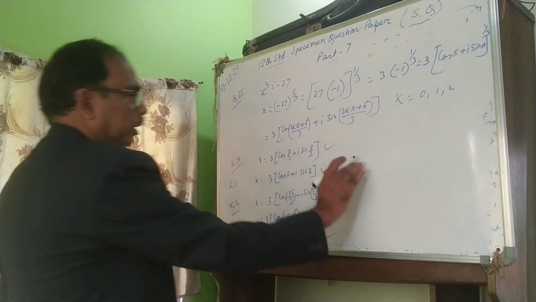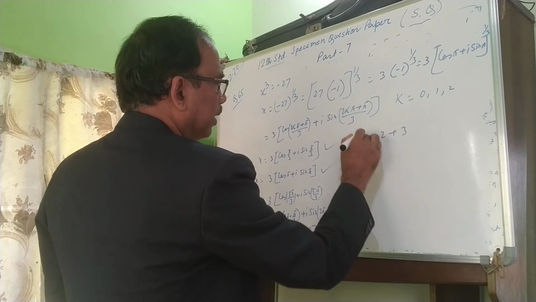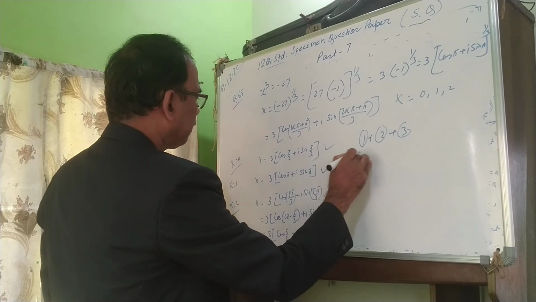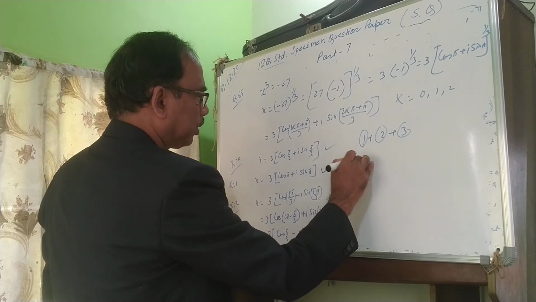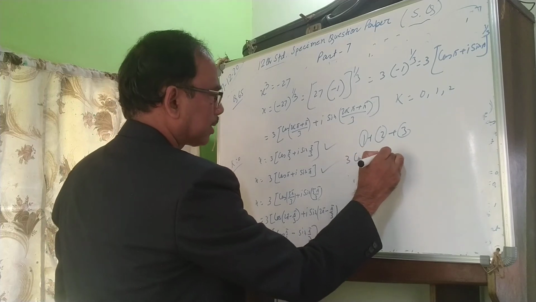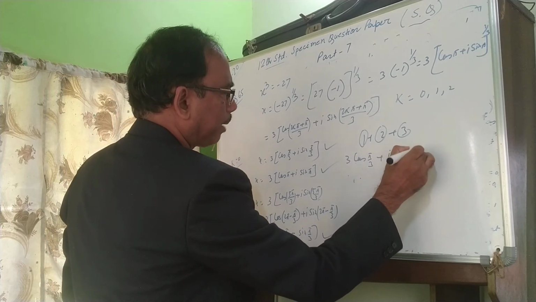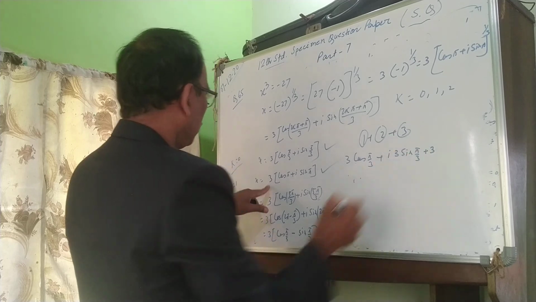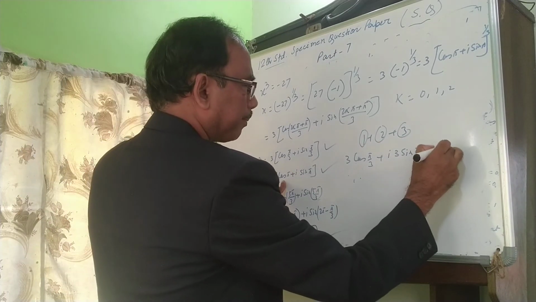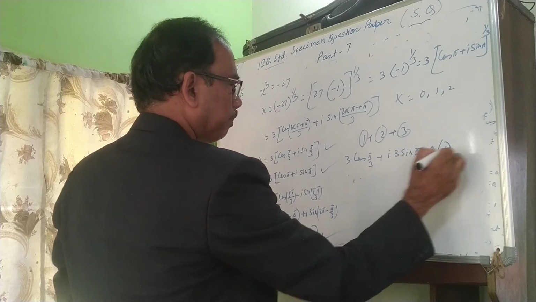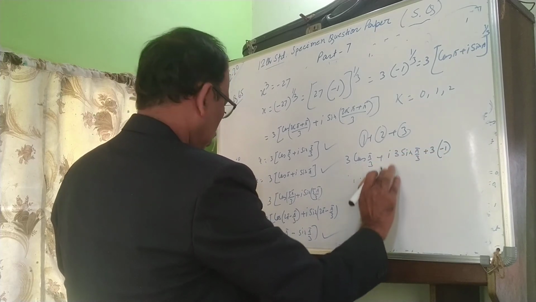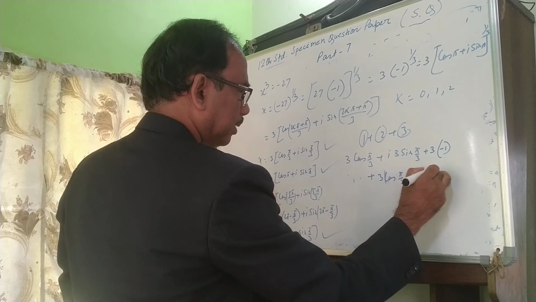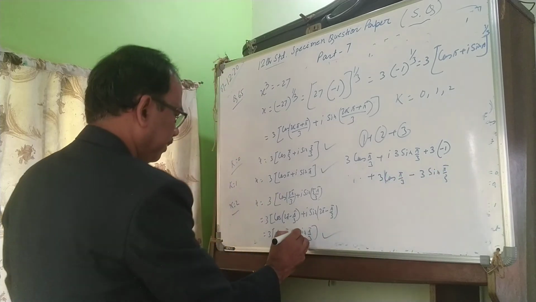If you add the 1, 2 and 3 equations, we will get that. Look here. So the sum of 3 roots is 3 cos pi by 3 plus i 3 sin pi by 3. Second is plus 3 cos pi, which is minus 1, sin pi is 0, plus 3 cos pi by 3 minus i 3 sin pi by 3.